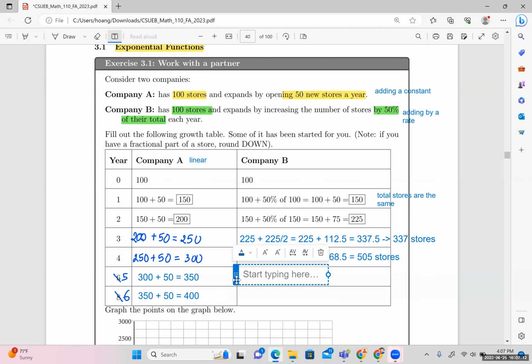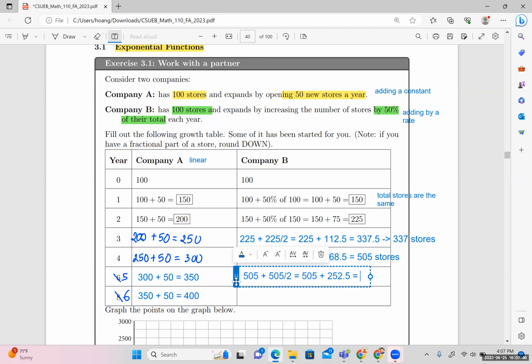So then 505, you add with 505 divided by 2, 50% of that. So that's gonna be... no, let's just write it as 505 plus 505 divided by 2, which will be 252.5.